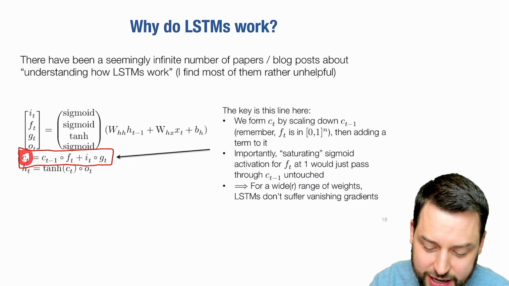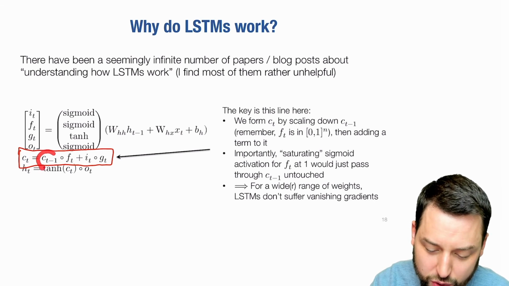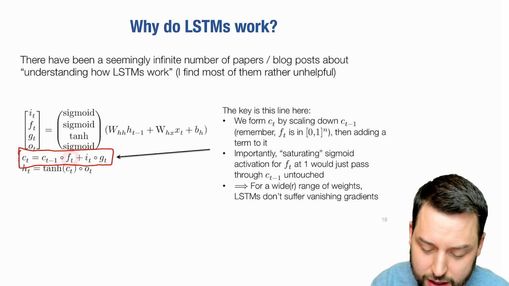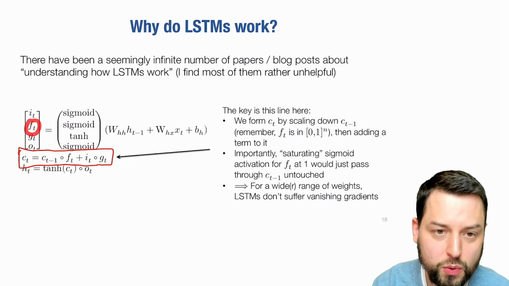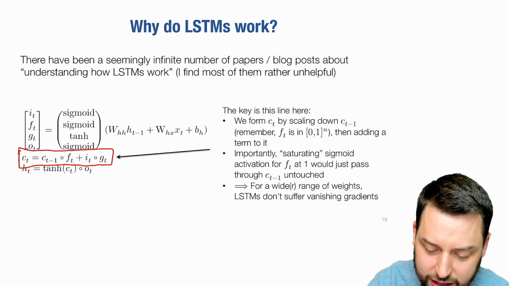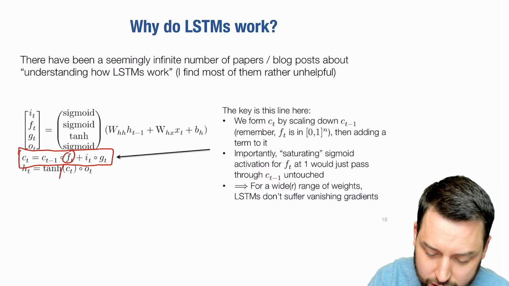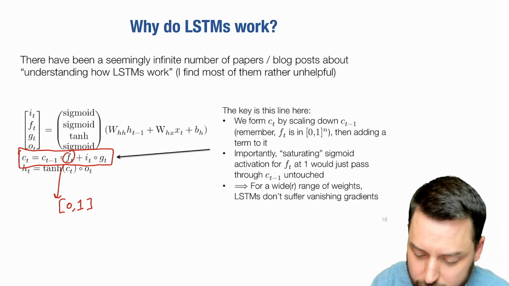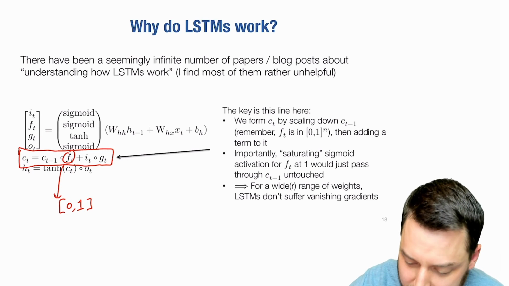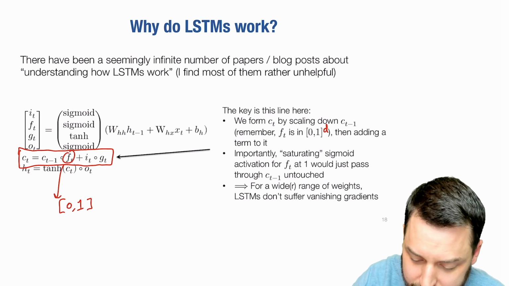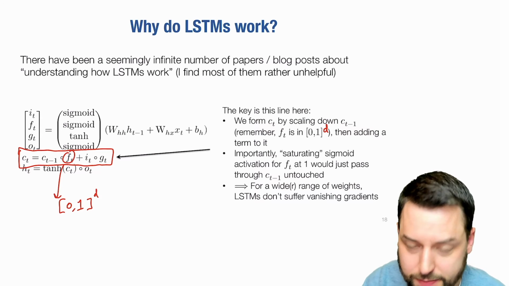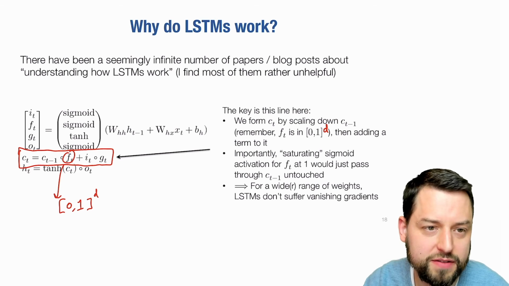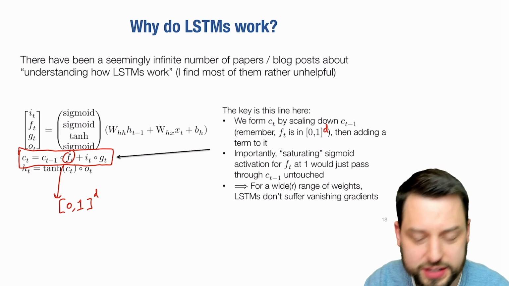It forms the cell state at time t as a function of the previous cell state times ft. But ft here is some sigmoid of something. So importantly, ft is going to be a vector with elements in 0, 1, so a vector in 0, 1 to the d.